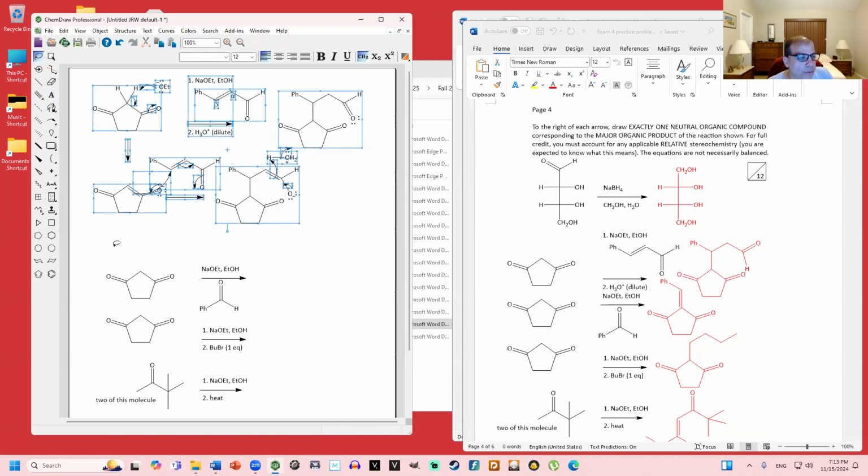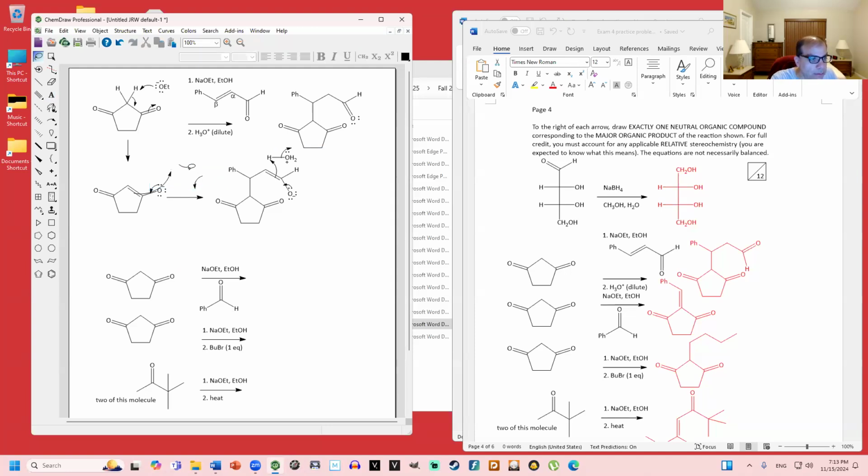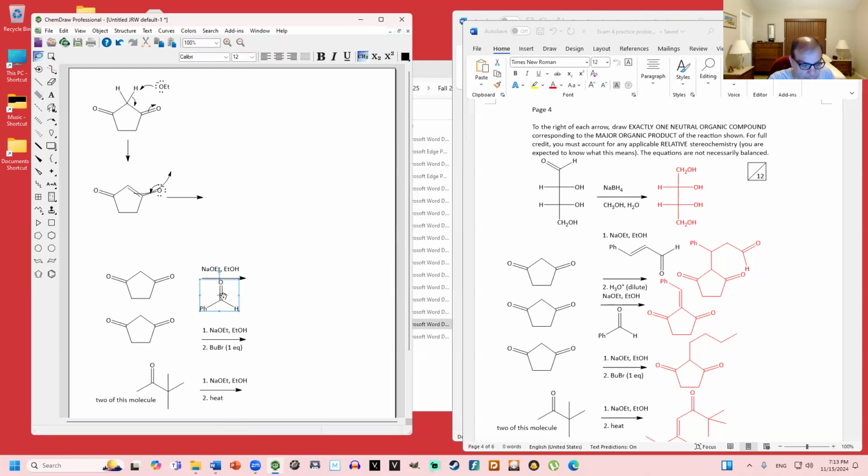The next one starts out exactly the same way, but we're just treating it with a different dienophile. I'm sorry, a different electrophile. The difference is now the electrophile is benzaldehyde.